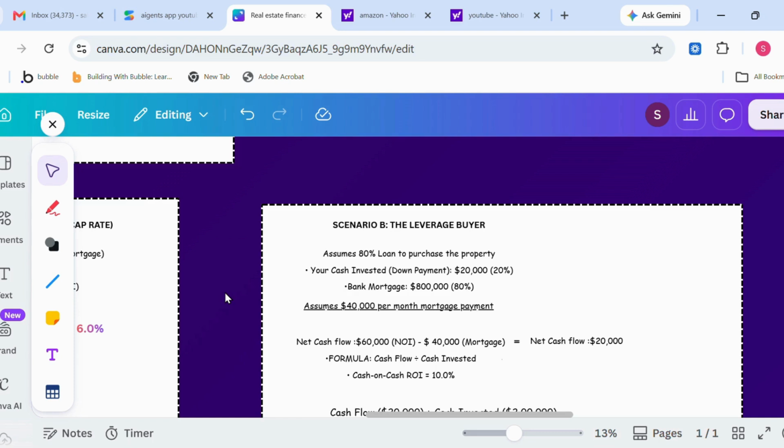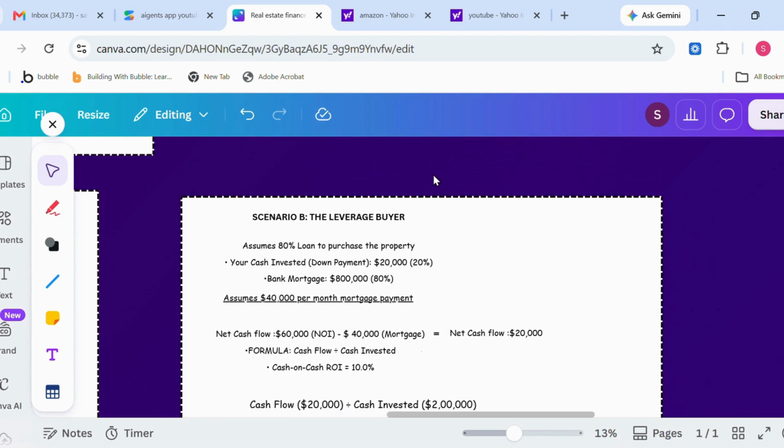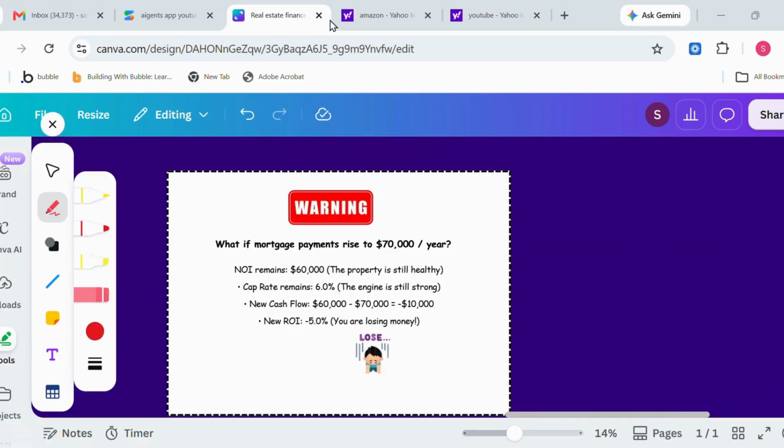So your net operating income is 60K, and you subtract 40K as your mortgage payment. So what is the net cash flow left? It's 20K. The formula for your cash on cash ROI is you divide cash flow by your cash invested, and you get a 10% return.